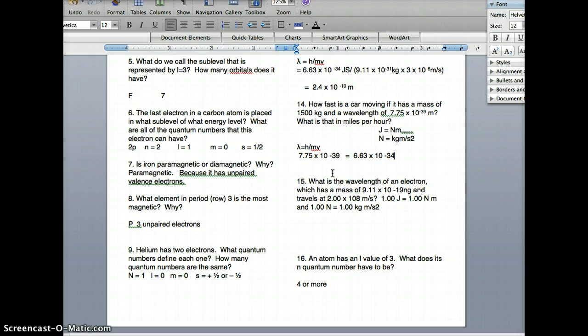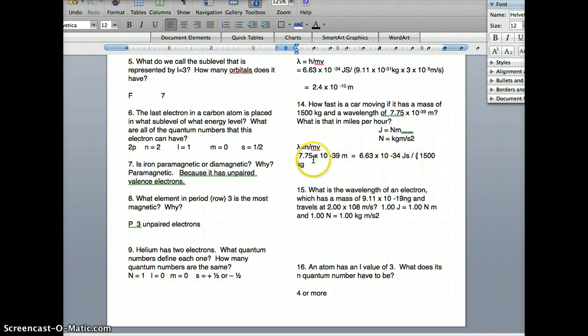And we're going to divide that by mass, which is 1,500 kilograms. And by the way, the unit on this, of course, is meters, and the unit on this is joule seconds. All right, so divide by the product of 1,500 kilograms times velocity.